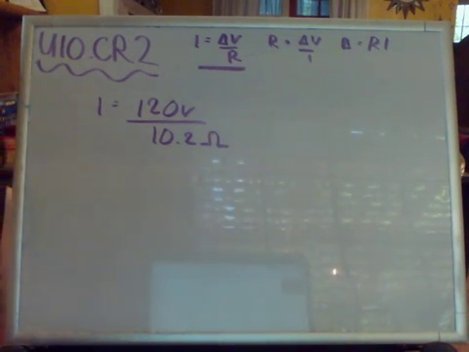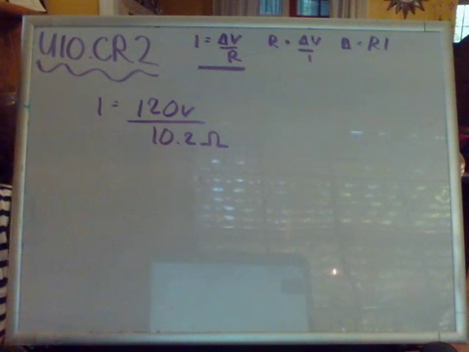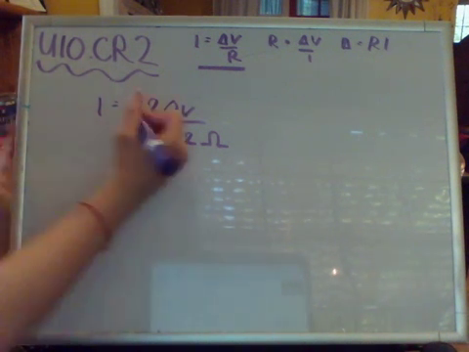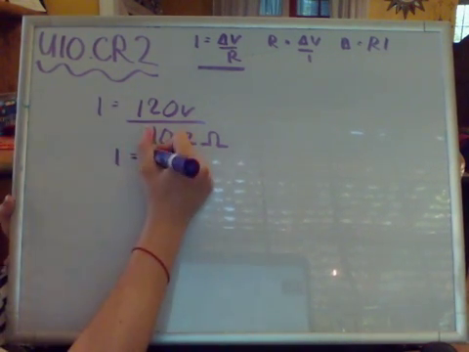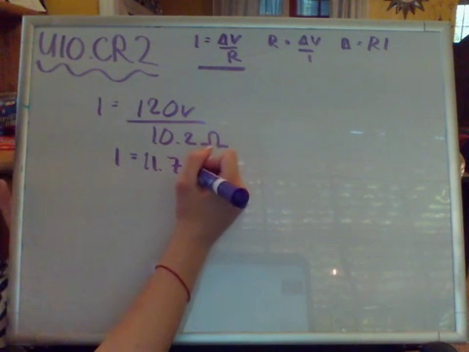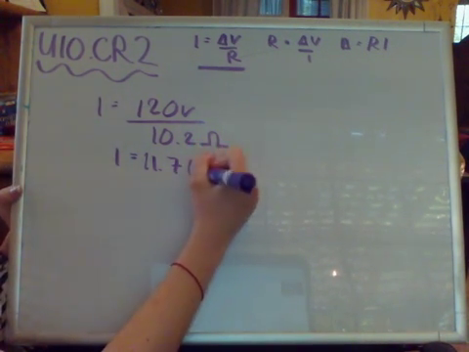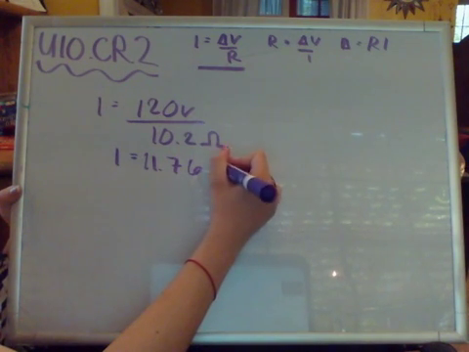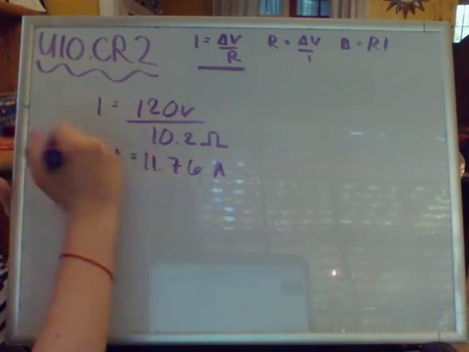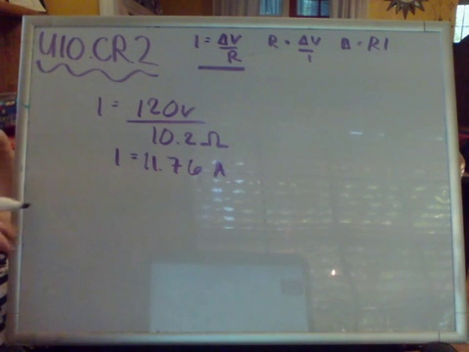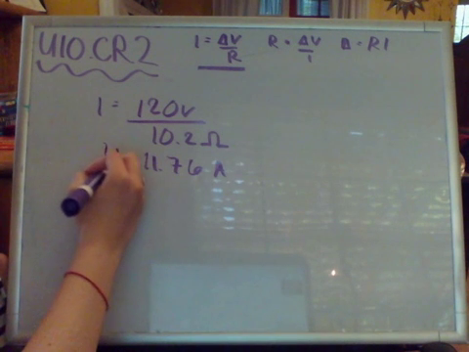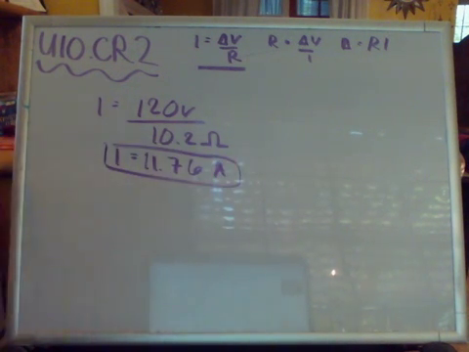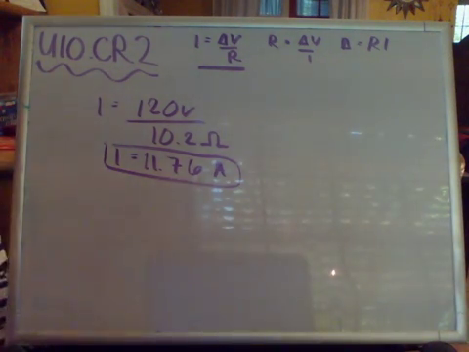And if we calculate that, the current through this toaster is going to be 11.76, and that's going to be measured in amps. So that's how you would use the equation for current to find the current through an object or a resistor or through any kitchen appliances.